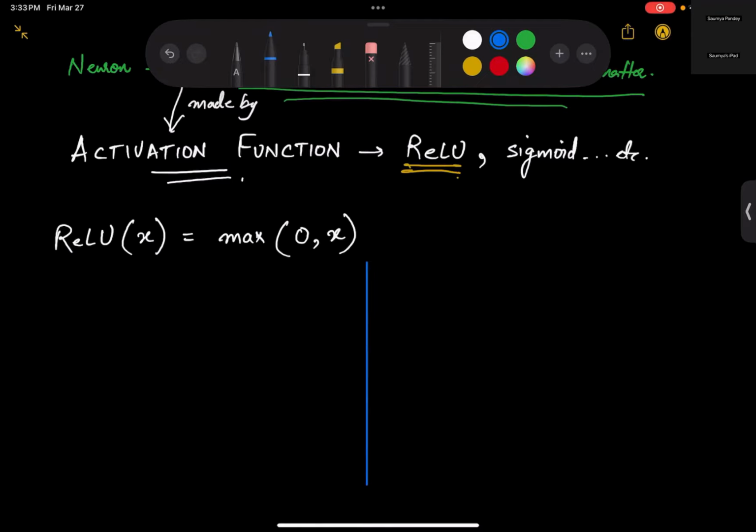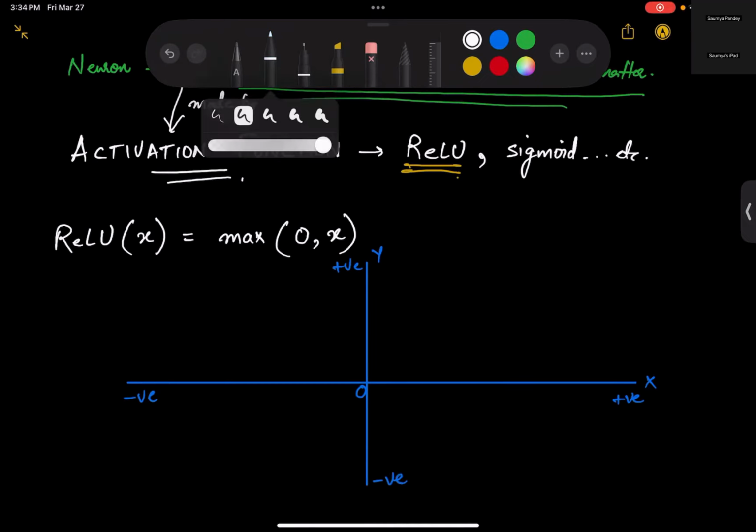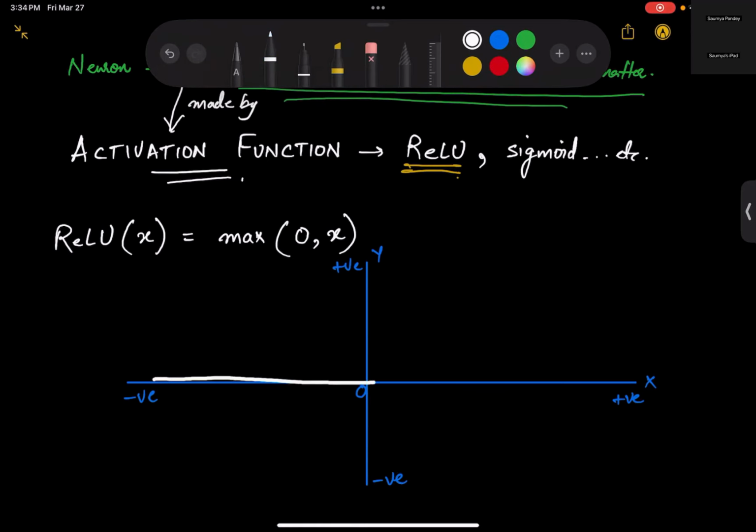Here you go, and this is x-axis, this is y-axis, this is 0, this is positive, this is negative. And let's do this. Let's try to make it 0, and then it goes like this.